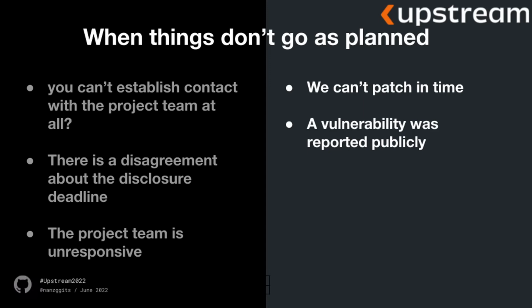And if that doesn't work and the vulnerability is reported publicly, the last issue, then just follow your process. Go back to the assessment, making sure that it's a security issue, and then patch creation, and just move on and try to fix it as urgently or as quickly as possible, depending on the criticality.